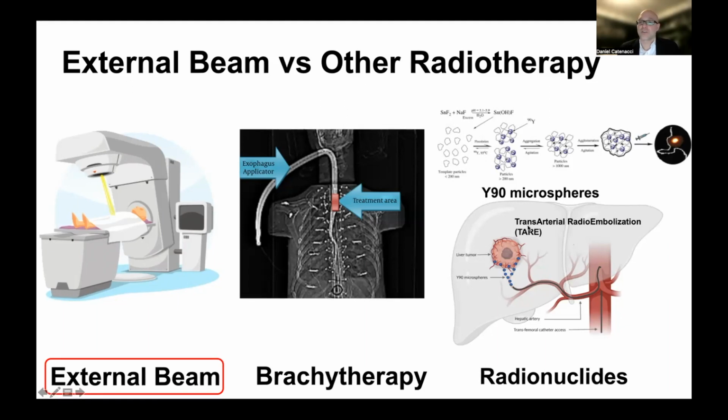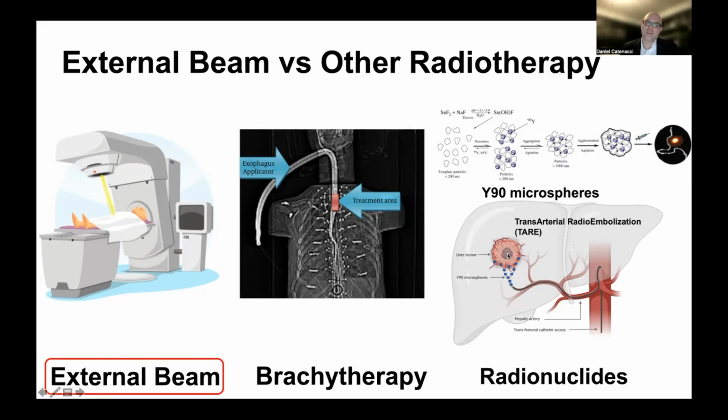And this is referred to as transarterial radioembolization. And so these little beads come through and they get lodged in the small blood vessels right near where the tumor is. And then as they're lodged there, they're decaying and emitting radiation energy, and this can be damaging to the cancer cells nearby.